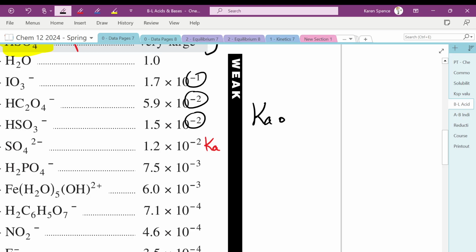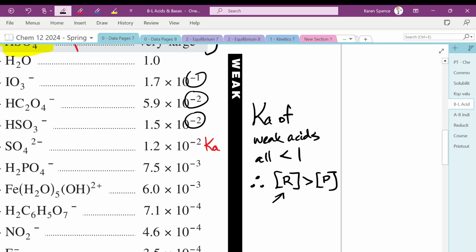Ka of weak acids are all less than 1. What does that tell you about the concentration of reactants and the concentration of products? Concentration of reactants is greater than the concentration of products.